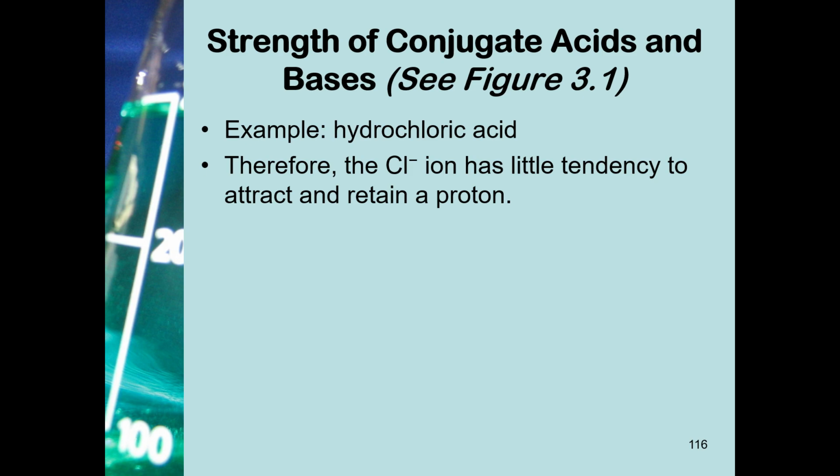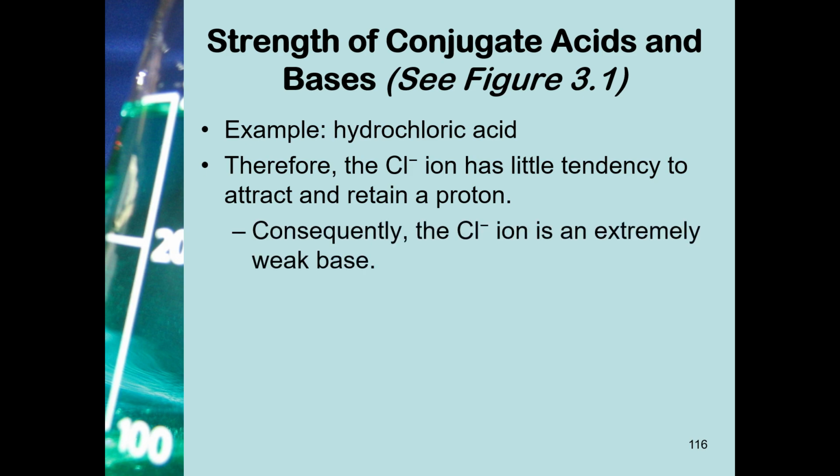And therefore the ion that's produced after it gives up its proton or its hydrogen ion has little tendency to attract and retain that proton. Otherwise it wouldn't have left in the first place. So consequently, that chloride ion is an extremely weak base. It's the conjugate base, but it's a weak base.